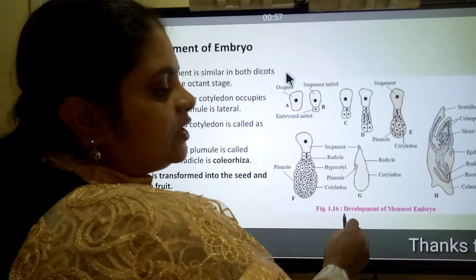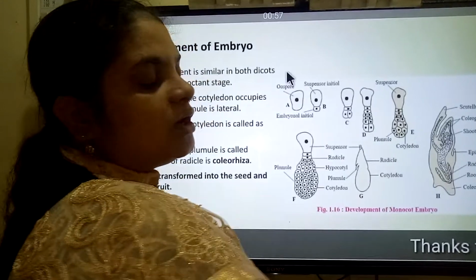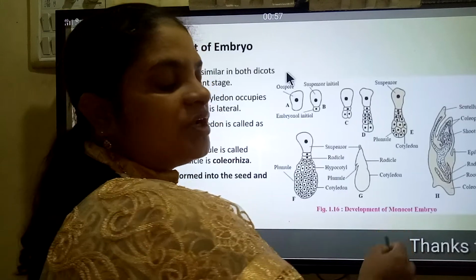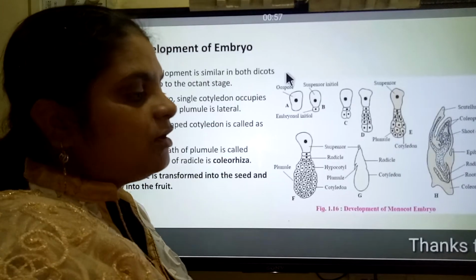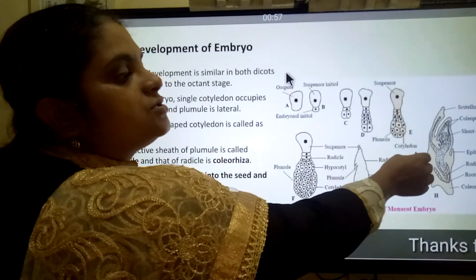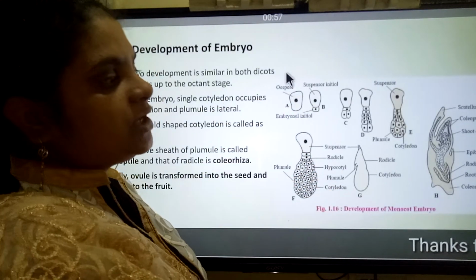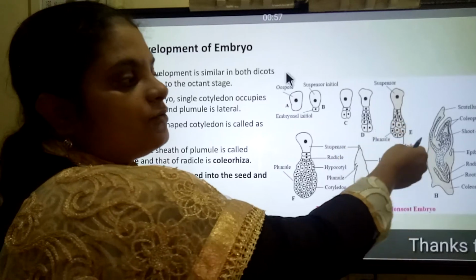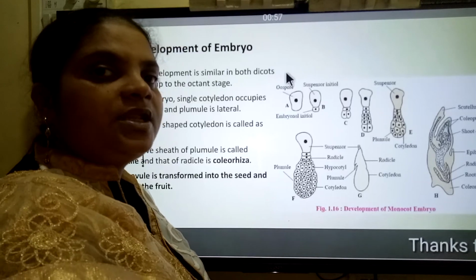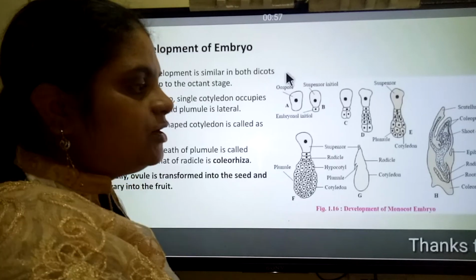So this is the development of the monocotyledon embryo. Up to the octant shape, it is the same in monocotyledon as well as in dicotyledon embryo. But it differs in the further divisions of the octant cells. When the octant cells redivide, the shape changes in monocotyledon and dicotyledon seed.